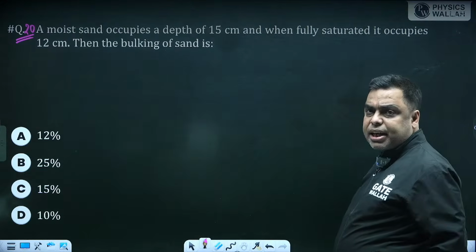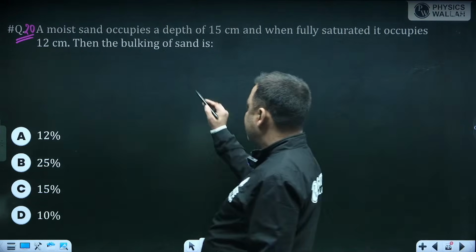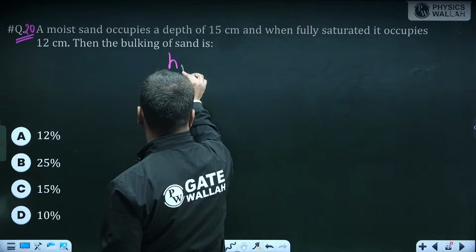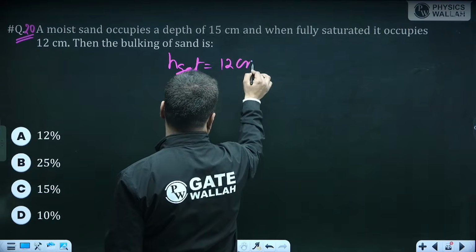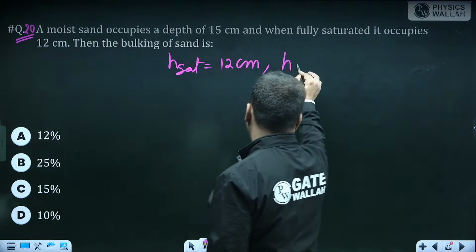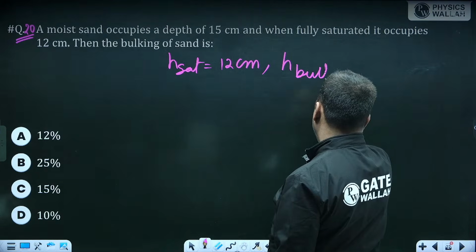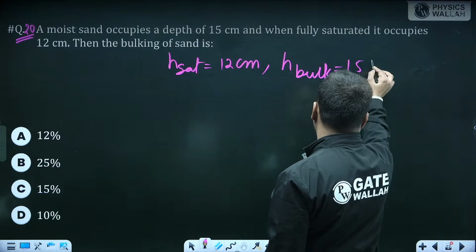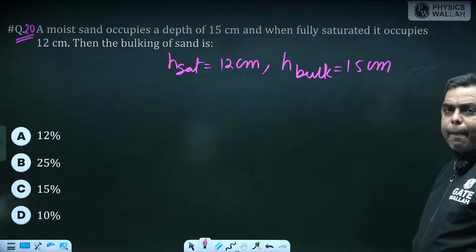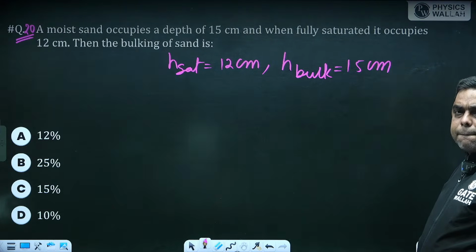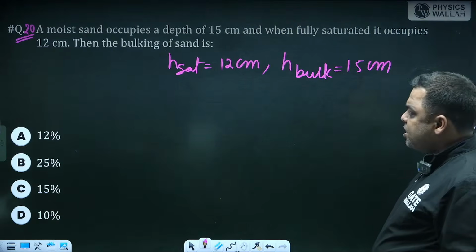See, saturated it is 12 centimeter, H bulk it is 15 centimeter. So how much is the bulking?